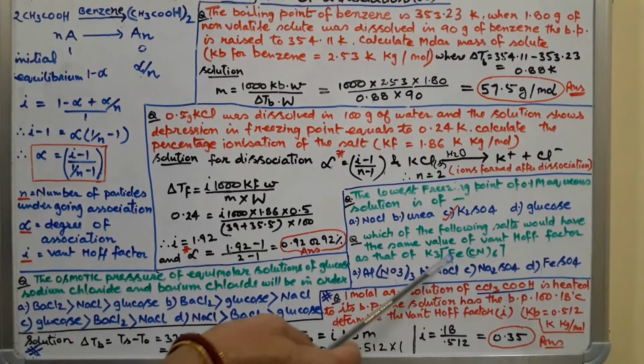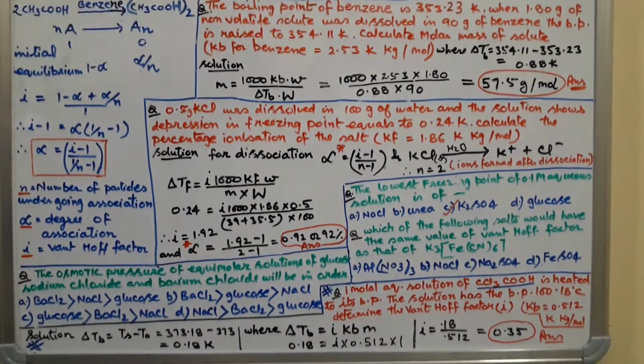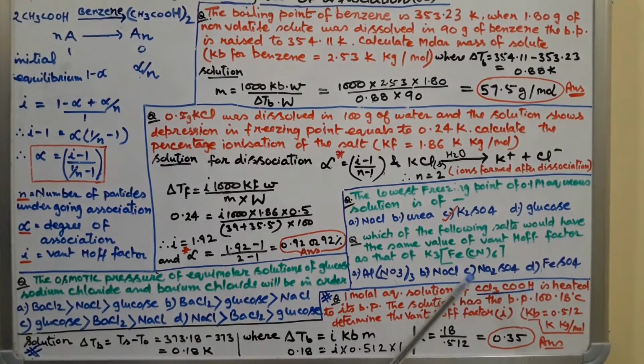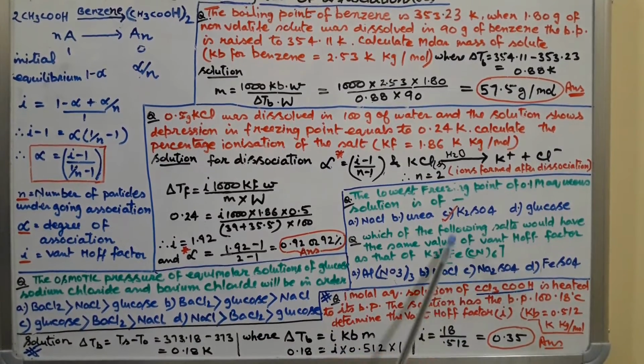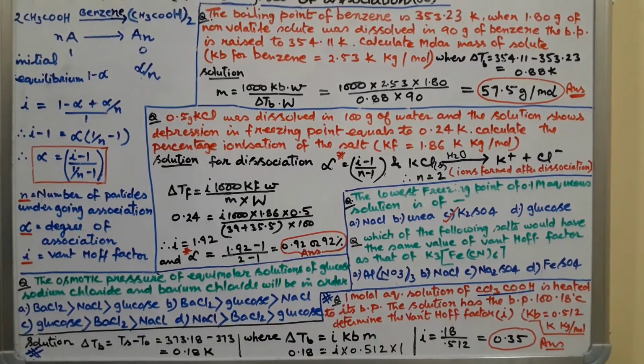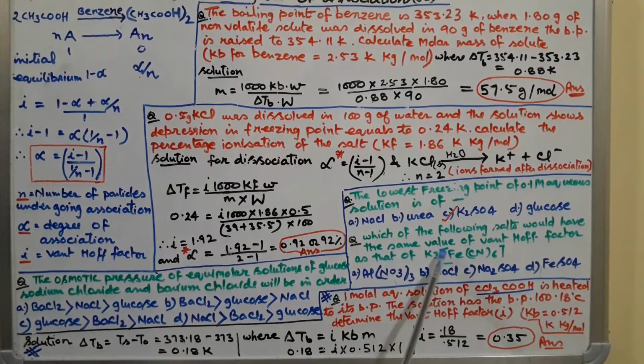It's a coordinate compound which you are going to study in class 12 and we'll be studying it later. So now what happens here? When this coordinate compound is dissolved, it will convert into K+ ions, and [Fe(CN)6] remains as such, which is going to be 1 particle.